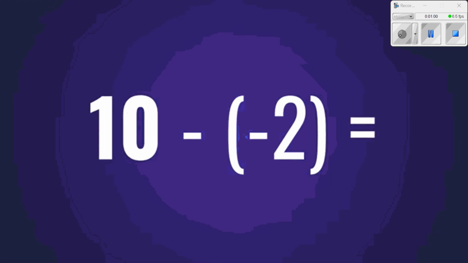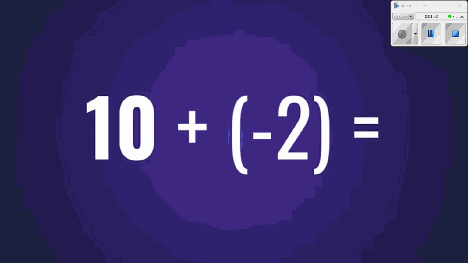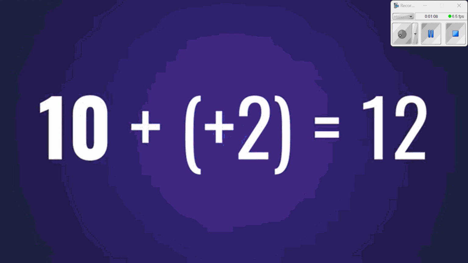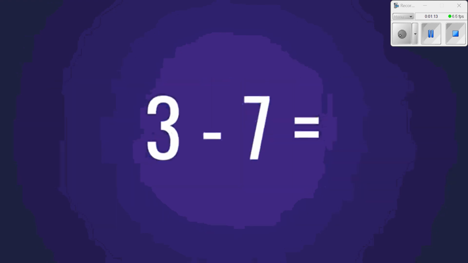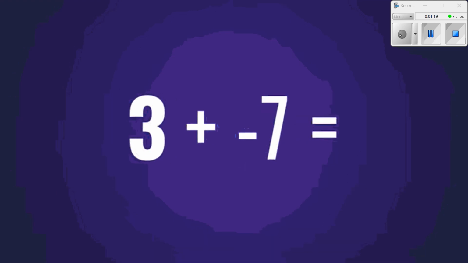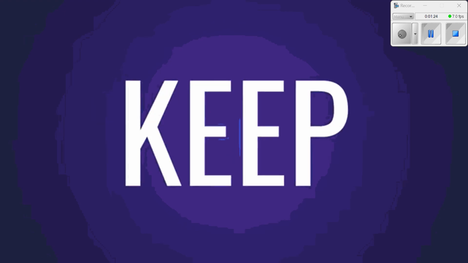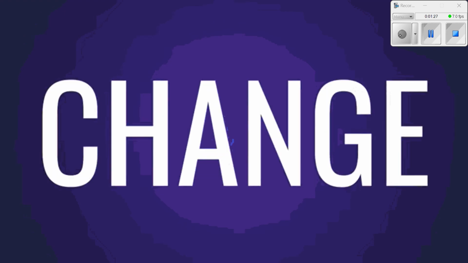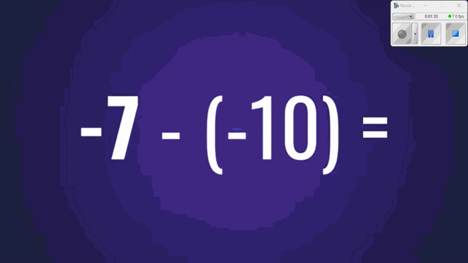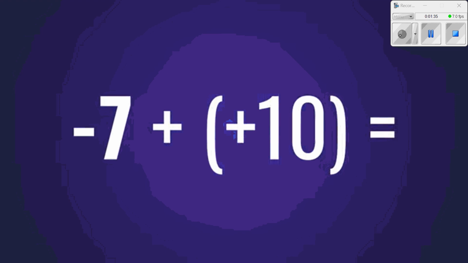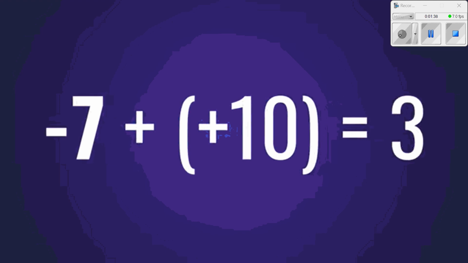Step 2, turn the minus to a plus, rearrange. Step 3, then it's the end of KCC. Make the last number the opposite than ADD. Keep, change.